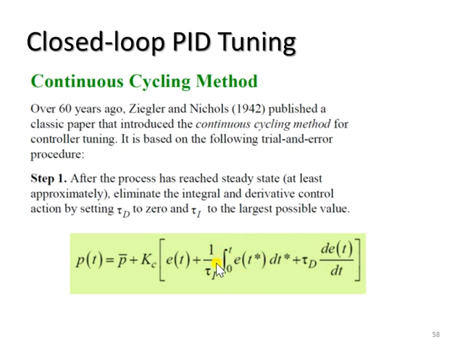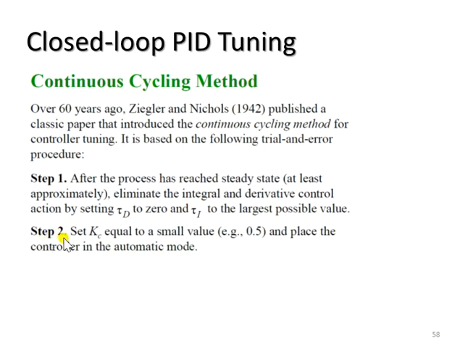But in practical process control, it is impossible to increase tau I to infinity. So we can at least increase the value of tau I to the maximum value possible.